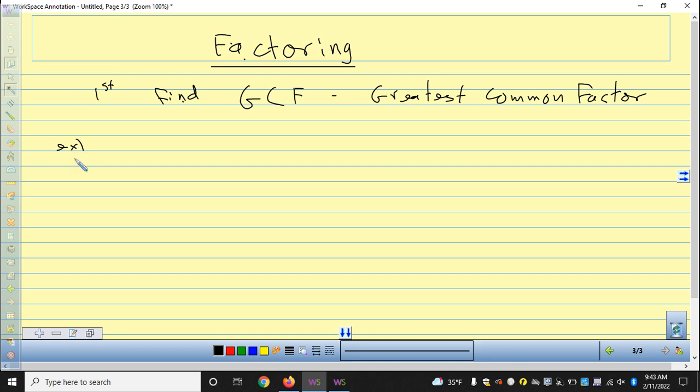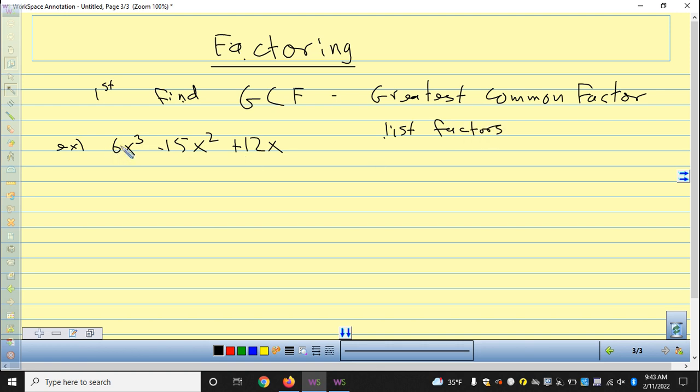So let's look at an example. 6x to the third minus 15x squared plus 12x. Now, as you get better at this, you won't necessarily have to do the entire process that I'm going to do here. But what I'm going to do is list the factors, list all the things that are multiplied to give me 6x to the third. So I'll write over here, list factors.